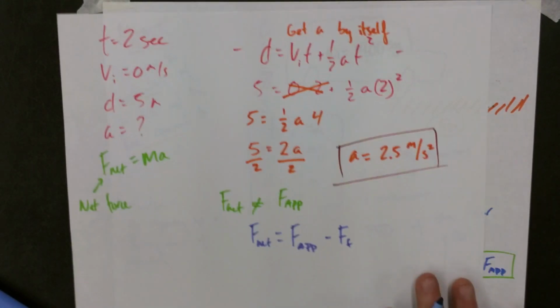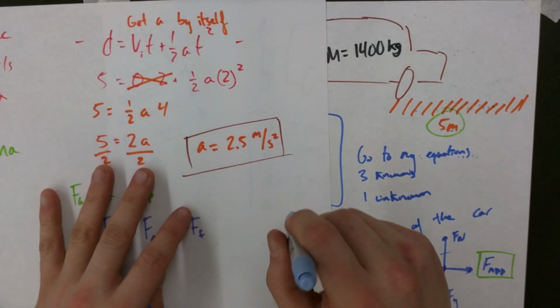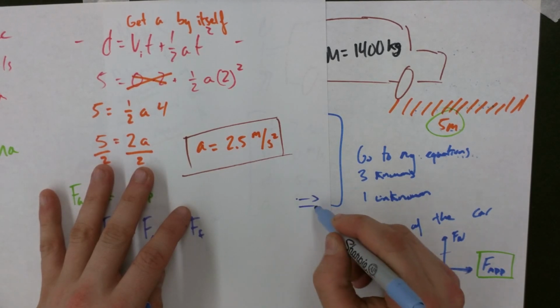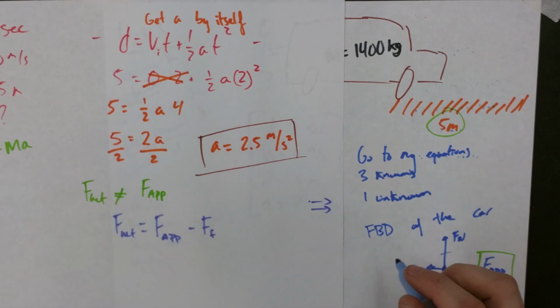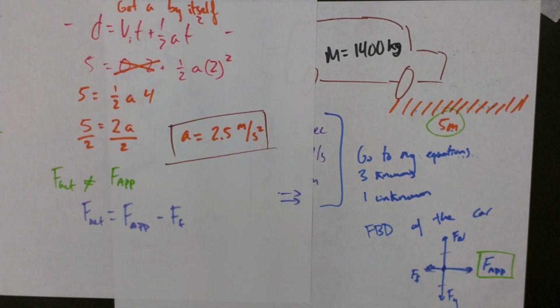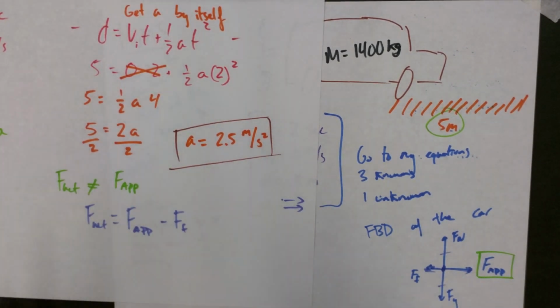If they were going in the same direction, if I had an object and 2 forces were going in the same direction, then I would add those 2 up in order to get the net force. But because these are going in opposite directions, I subtract the force of friction from my F applied to get my total net force.